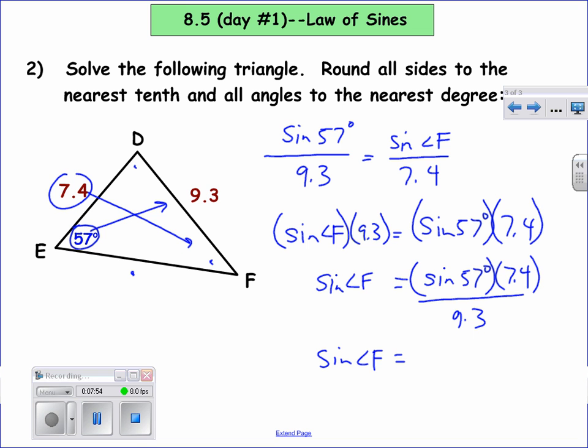All right, so this turns out to be sine of angle F equals, as a decimal, I'm going to take it to 4 places. Turns out to be 0.6673. And again, this is your conversation with Mr. Calculator. Mr. Calculator, I've got a ratio of 0.6673. What angle does that go to? So angle F equals inverse sine of 0.6673.